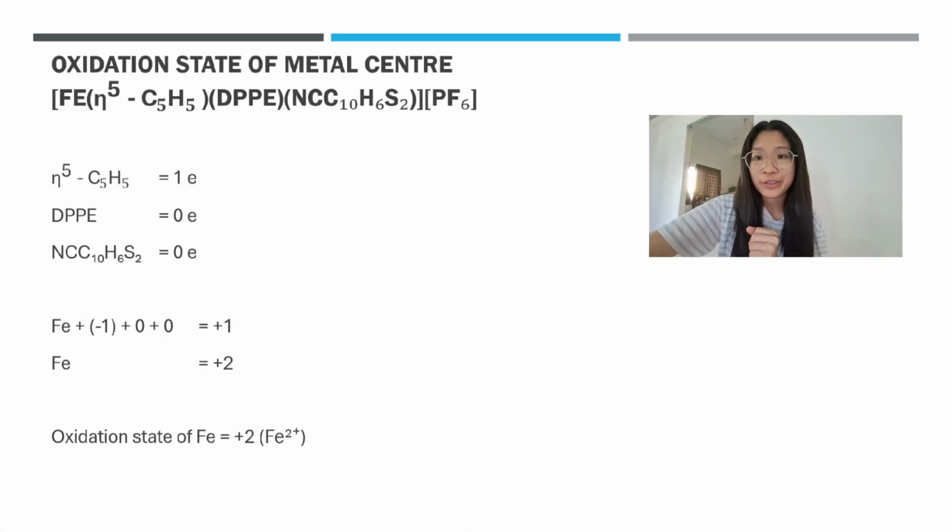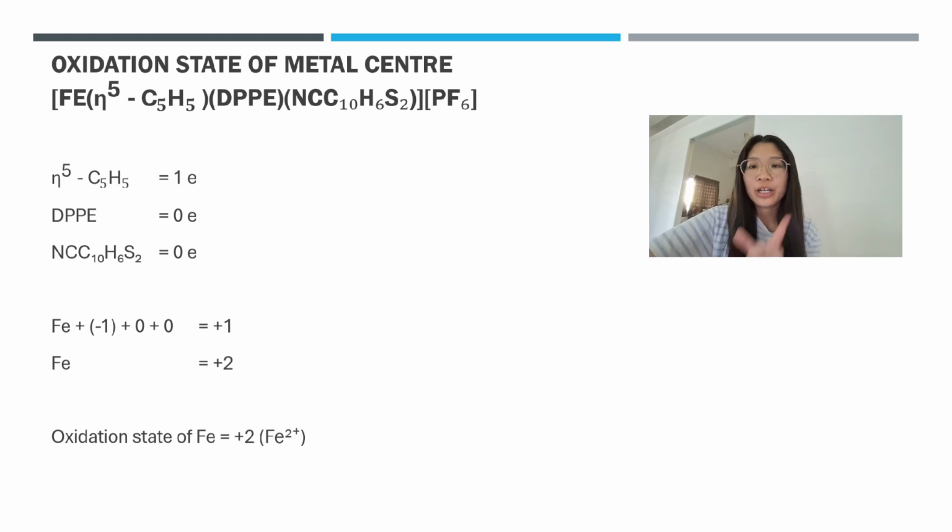Before we get into the IUPAC name of the compound, we need to calculate the oxidation state of the ferrum metal atom. According to the formula, we can calculate the oxidation state of Fe by applying a mathematical equation.